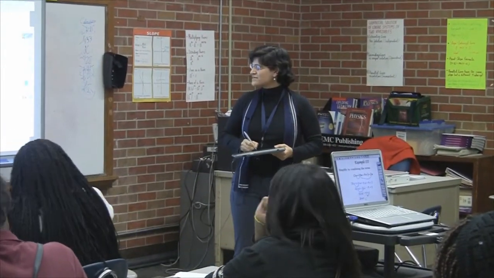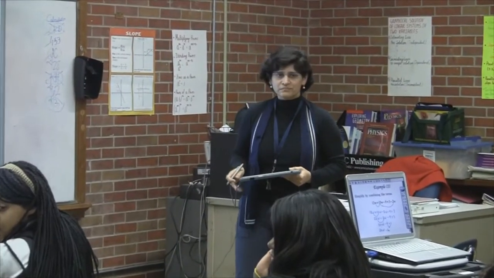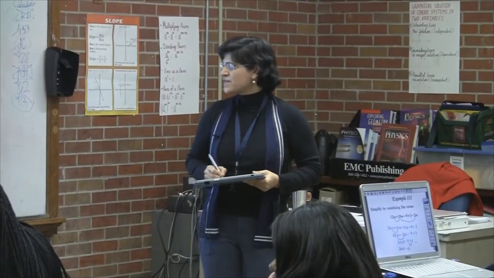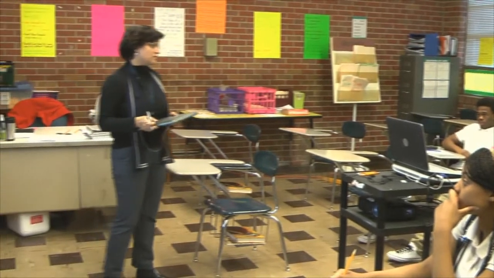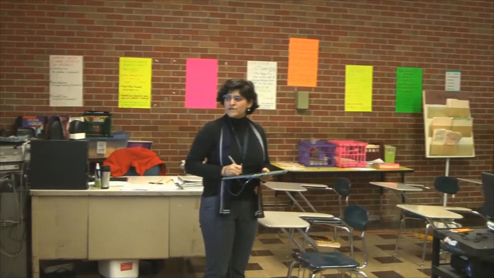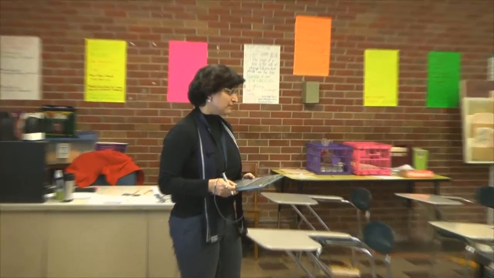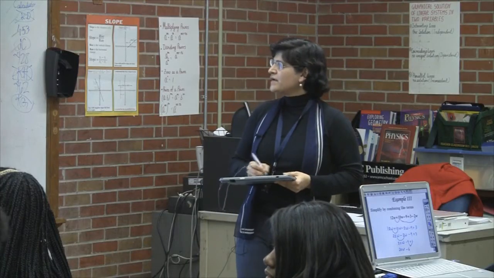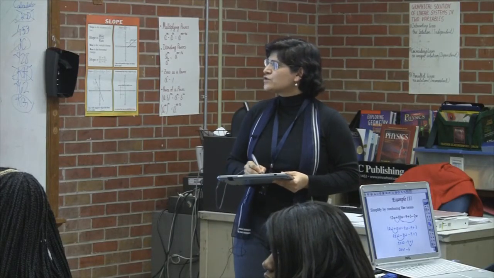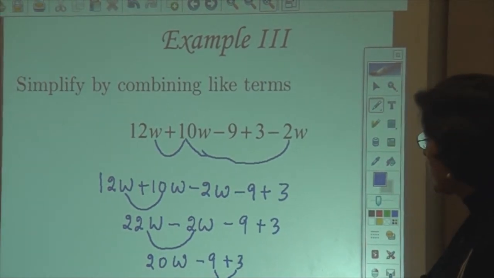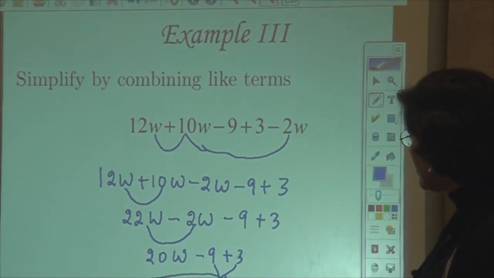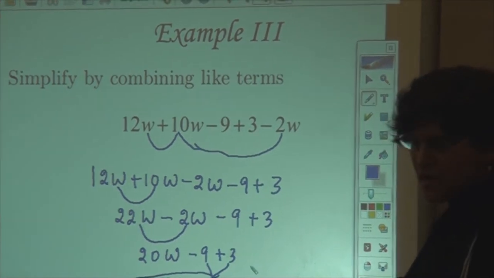It will be minus 6, because we have more negatives than positives, so we will have negative 6 as the answer when we combine negative 9 plus 3. So we have simplified the expression. To start with, we had a bigger expression, and at the bottom, we have a simplified expression.